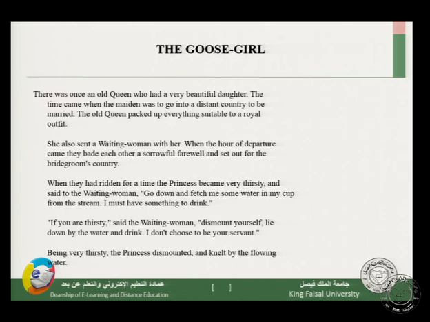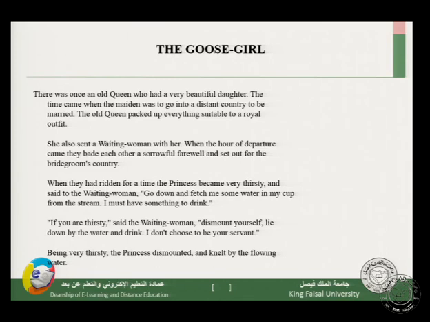So they went on, the servant on the beautiful horse, and the little princess on a worthless horse, a type of horse that fits servants.